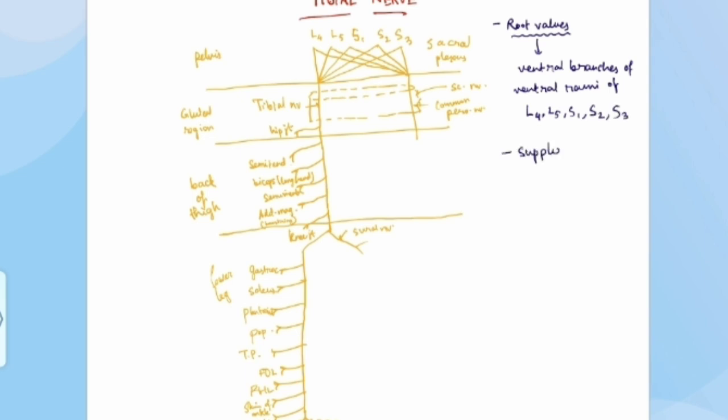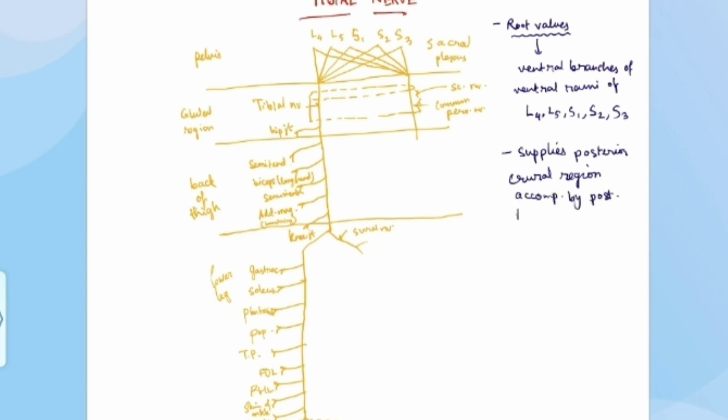It supplies the posterior crural region. Why? You can see that the tibial nerve emerges as a separate entity after the popliteal fossa, so it remains in the leg, in the crural part. So it is a nerve of the posterior compartment.